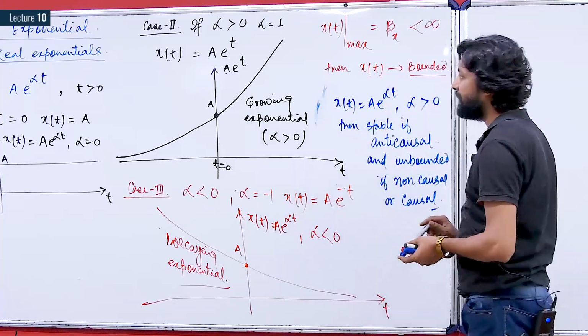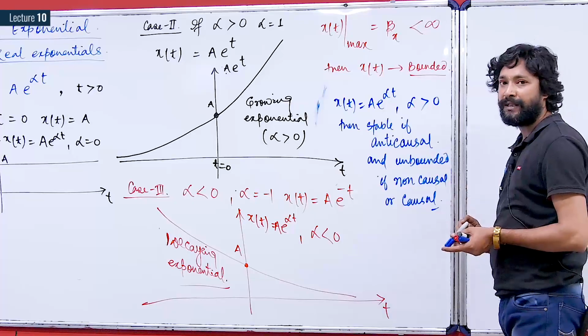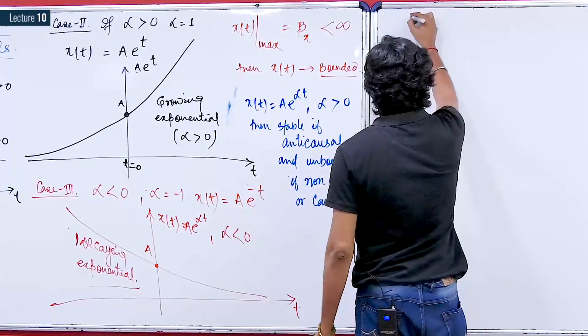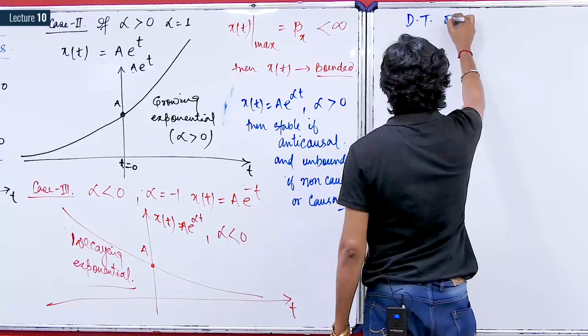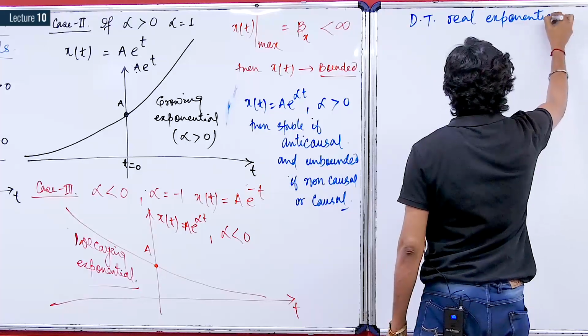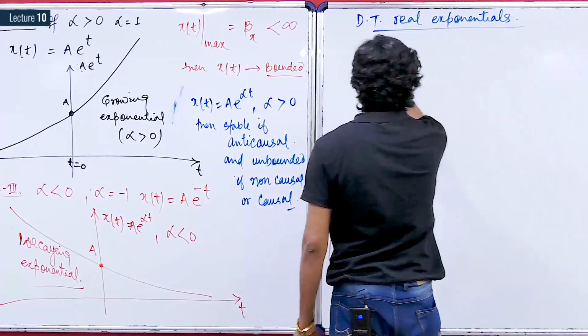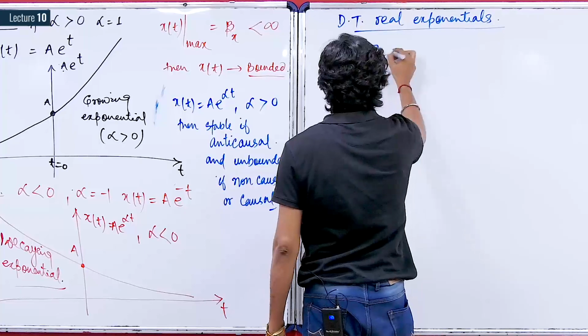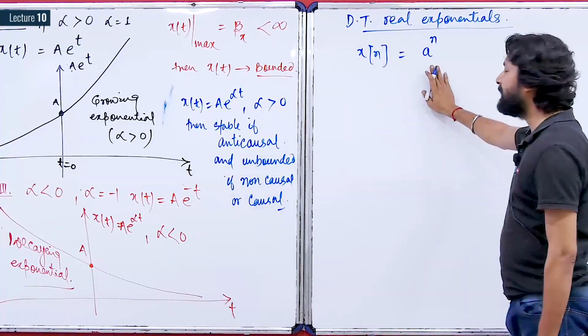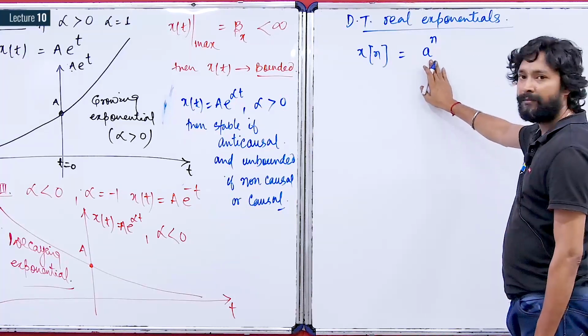So now we are going to take the same real exponentials, but in the case of discrete time. If we define discrete time real exponentials, then the form of the signal is going to be x of n equals a to the power n. Again, there are some possibilities for the value of this constant a.